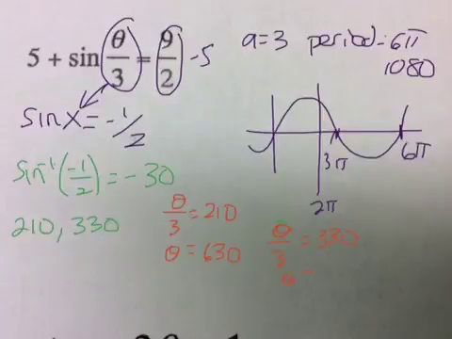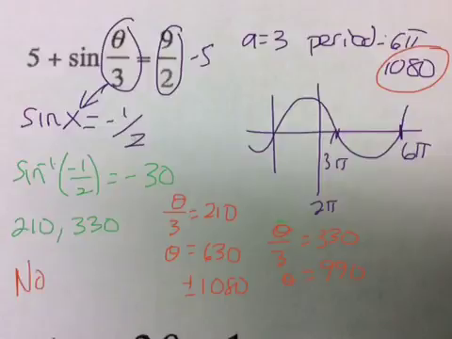So theta equals 990. Okay, neither of these are between 0 and 360. And remembering that the period is 1080, there's no way for me to add or subtract 1080 from these numbers that will put me in that 0 to 360 spot. So that's why there are no solutions.